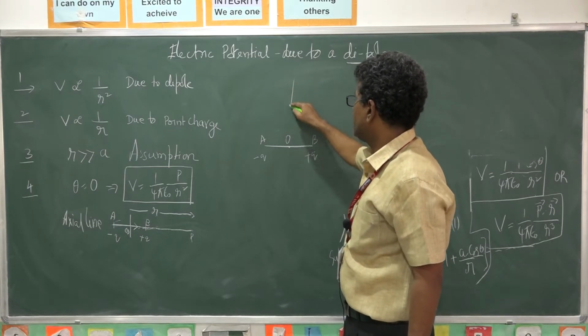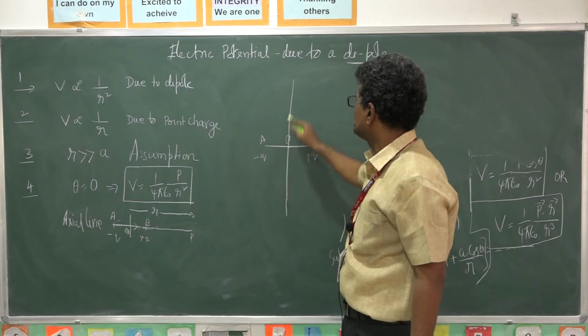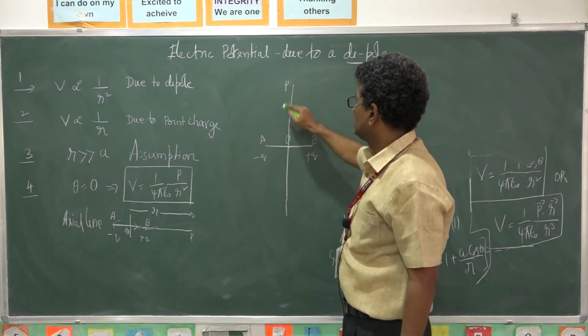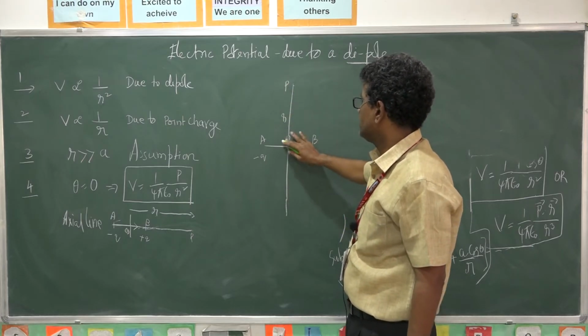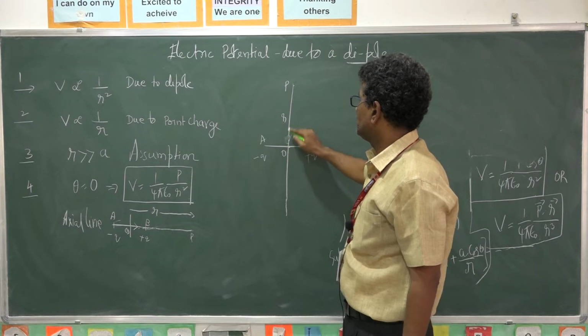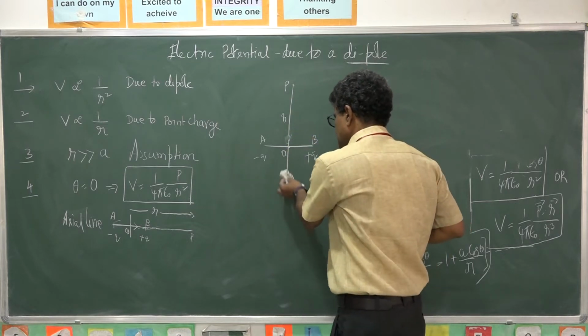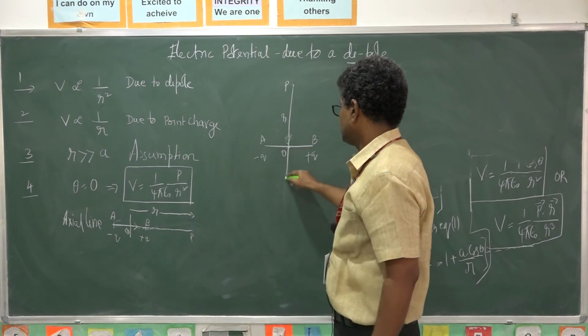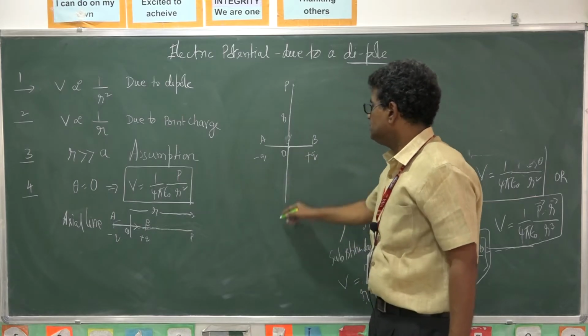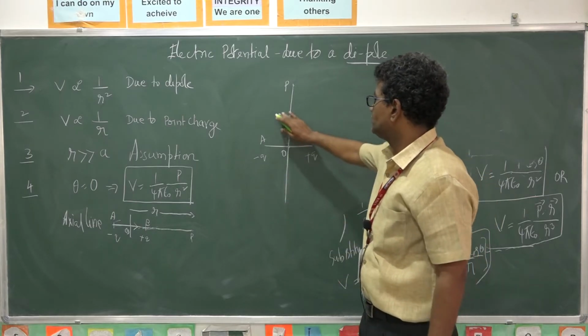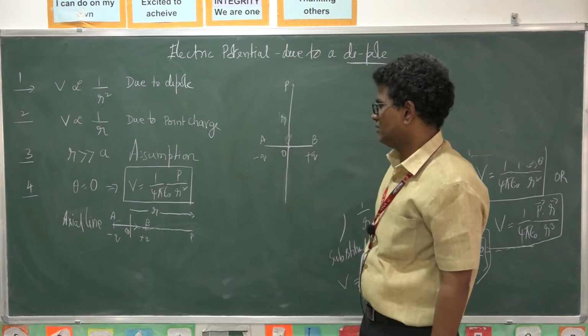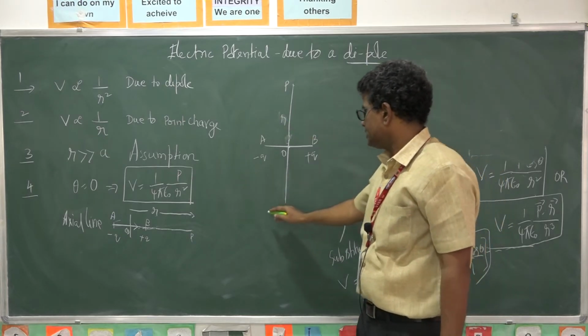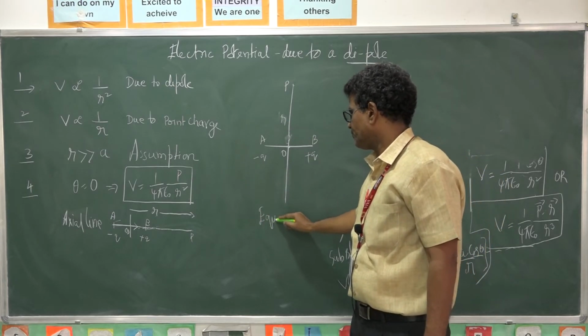You choose a point here, which is at a distance R from the center O. This is a line you can extend. So this is the position vector R.